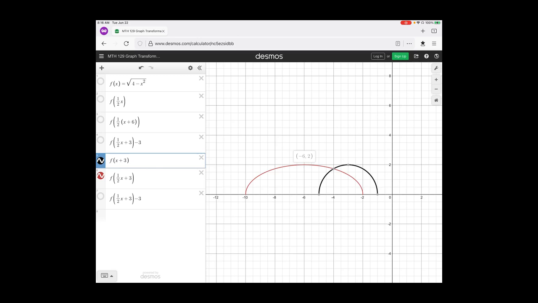So first stretching and then shifting is easier than first shifting then stretching, because you also have to stretch the shift. Right? The black graph is shifted to the left by 1 unit. When we stretch it by a factor of 2, we get a graph that is shifted by 2 units. Always keep that in mind.